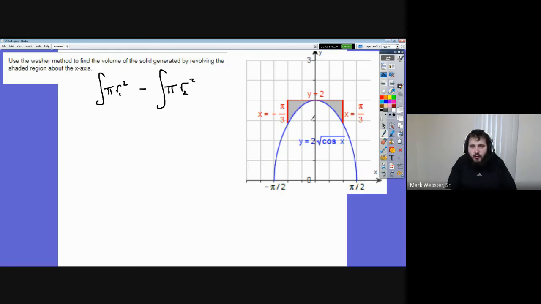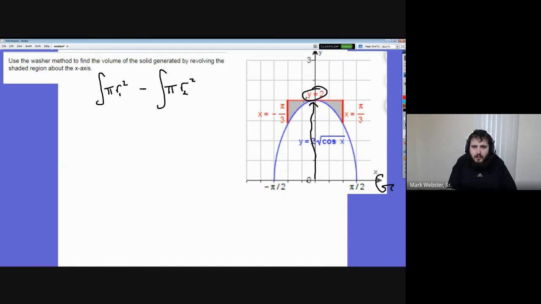So what's the outer radius? Because we're going around the x-axis. What's the outer radius? 2, right? What's the inner radius? Isn't it just this thing? 2 minus radical cosine x.